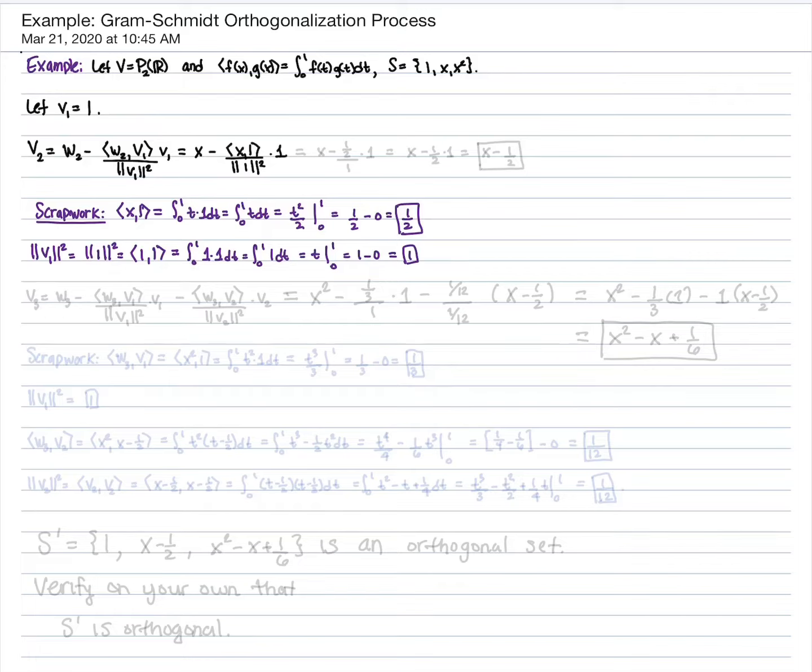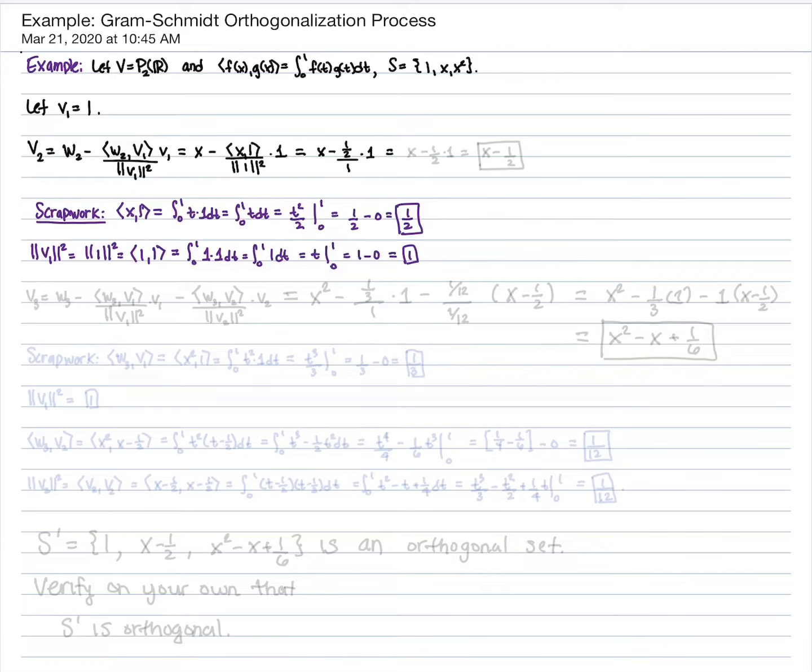All right, so then now going back up to our notes for what V2 should be, we get that this is going to equal x minus 1/2 divided by 1 times 1.